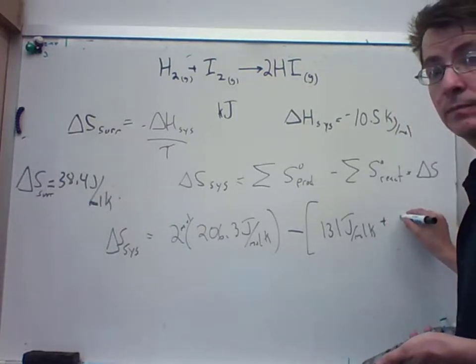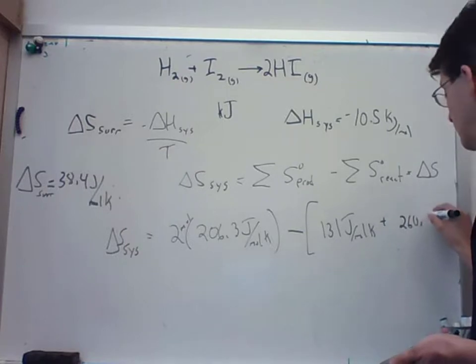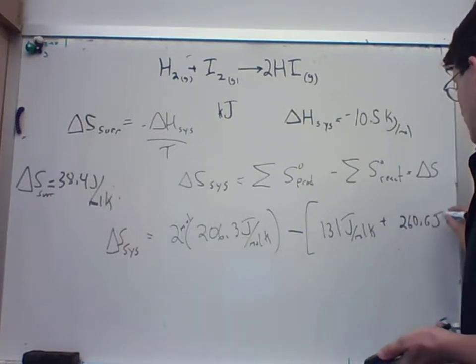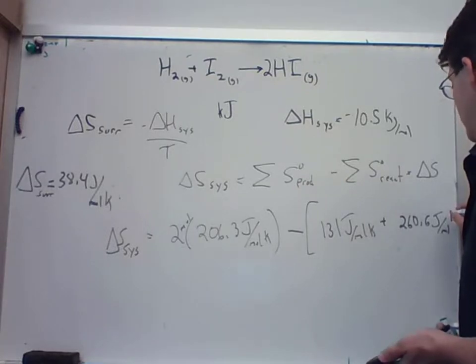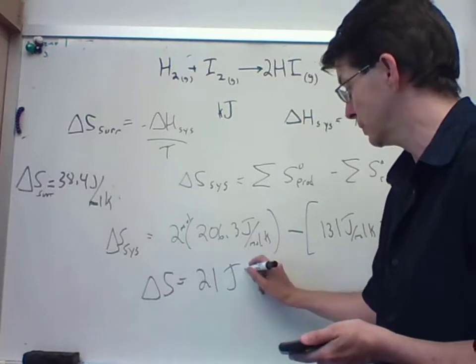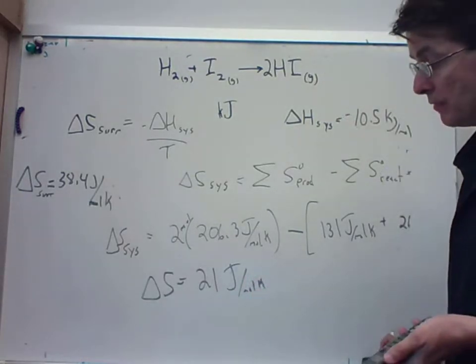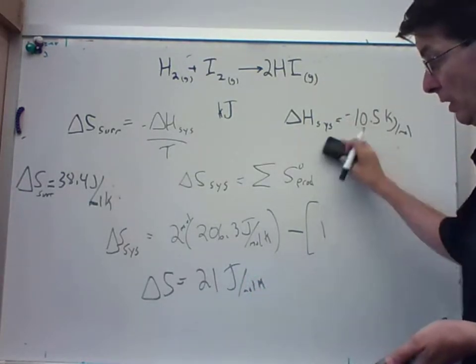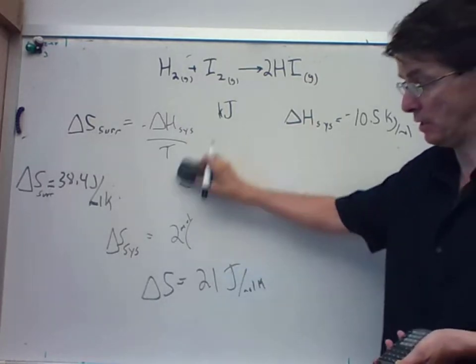plus the 260.6 joules for the iodine. Gives us a total of positive 21 joules per mole Kelvin for our entropy of our system.